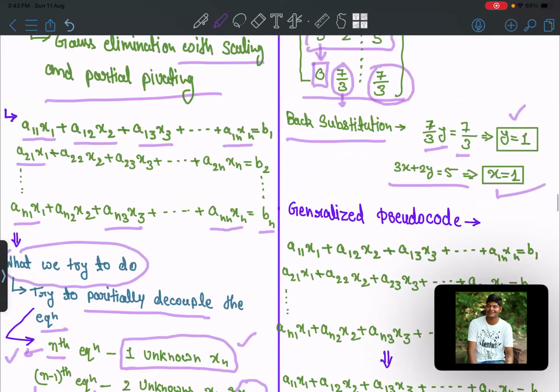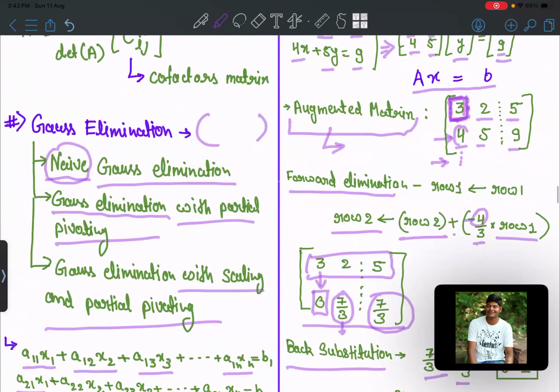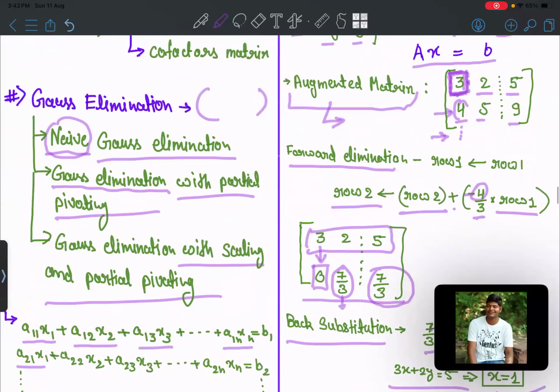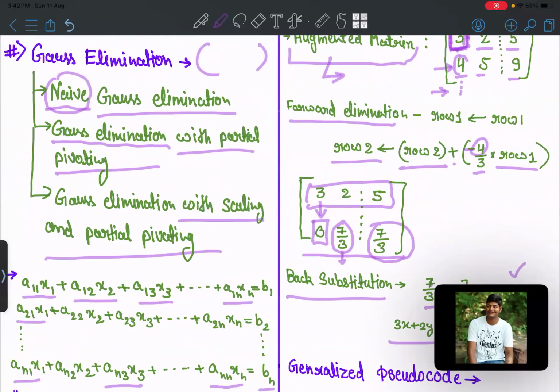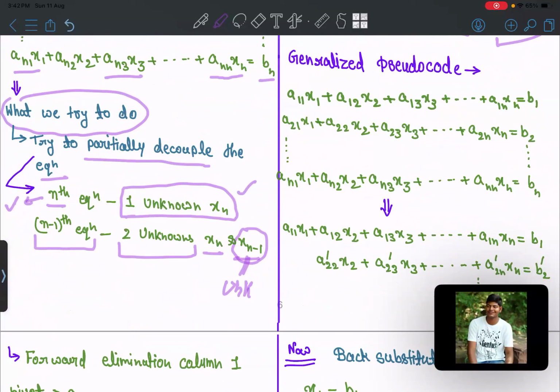So we have seen the Gauss elimination method for a two simultaneous equations problem, linear simultaneous equations. If we generalize this Gauss elimination, suppose there are n equations with n unknowns.